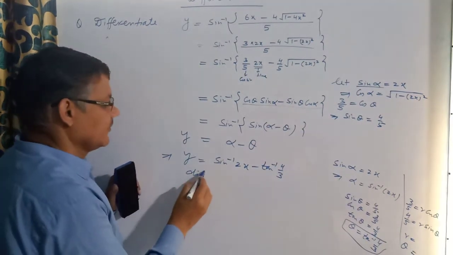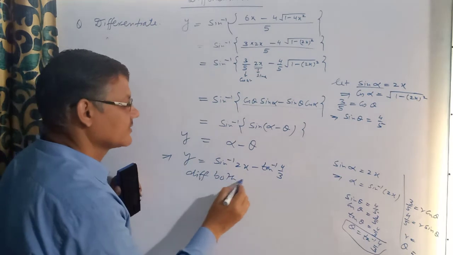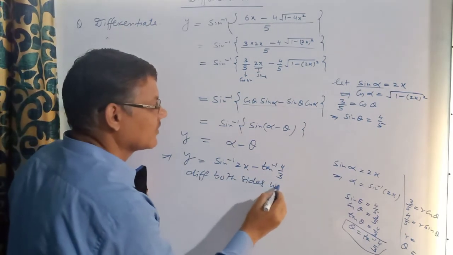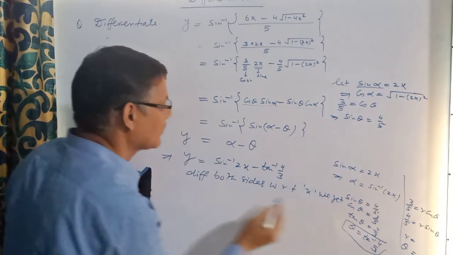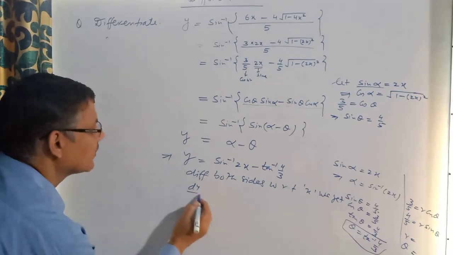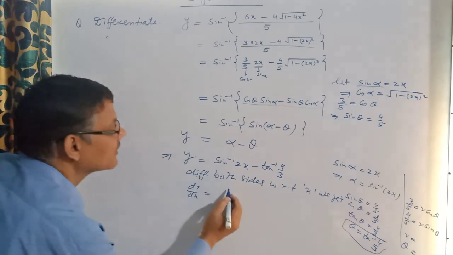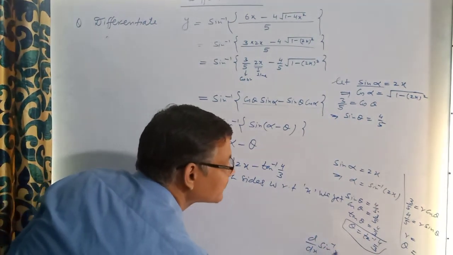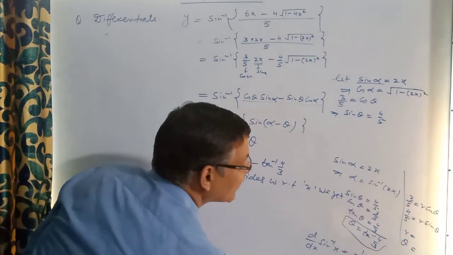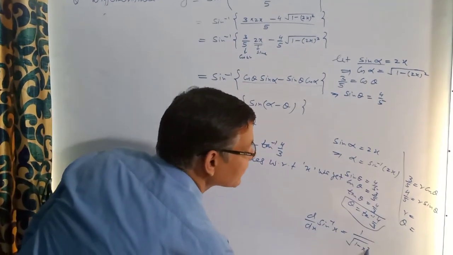Now differentiating both sides with respect to x, what do we get? dy by dx is equal to the derivative of sine inverse x, that is 1 by root over 1 minus x square.